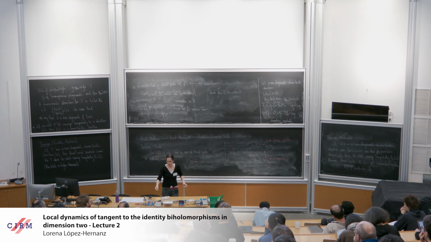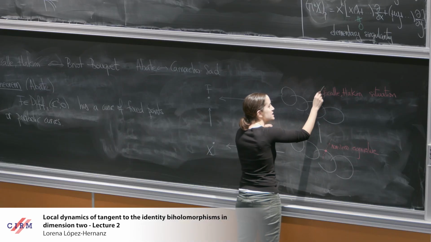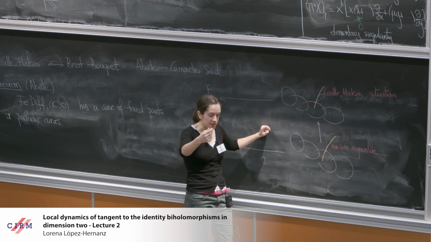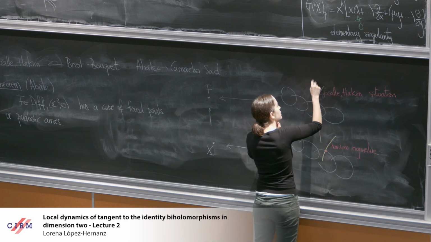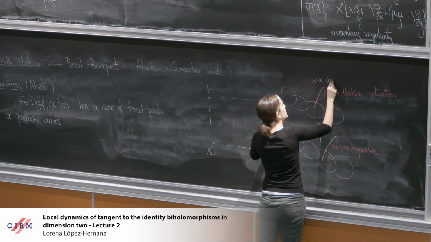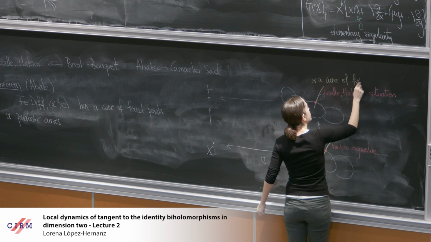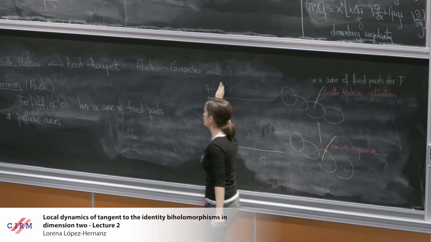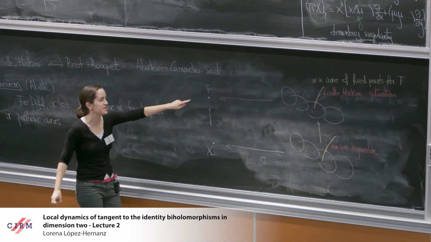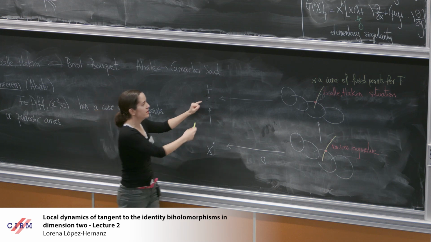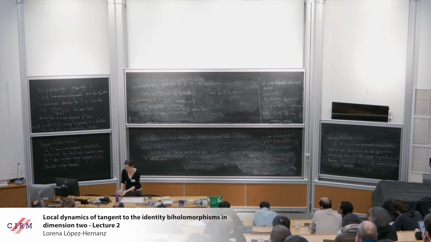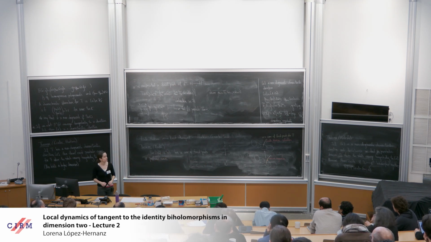Since you are performing several blow-ups, if you are not in this case, it is because there is a line which is singular for the vector field, or a curve of fixed points. Maybe it's easier if you work from the origin with an isolated singularity. Okay, so you are not in this case, and you find these parabolic curves that blow down to a parabolic curve for the origin and the map.